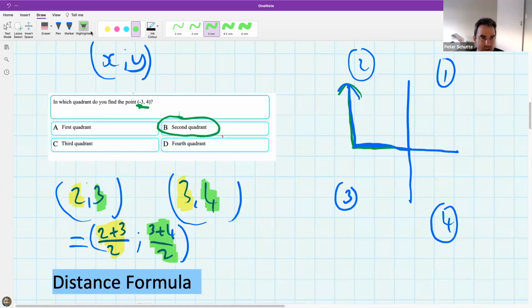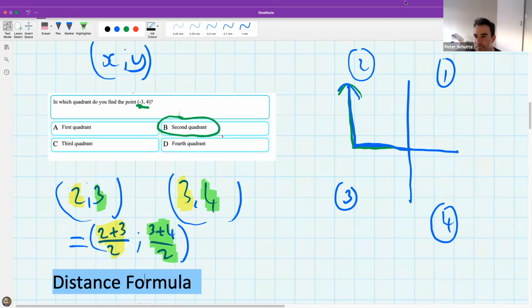If you only added 2 and 3, then you wouldn't get the midpoint. And remember, the whole point, if you want to find the midpoint, it's an important thing for later on in the section. So if you didn't divide by 2, you wouldn't find the middle. I mean, we just add all of it, including the denominator.